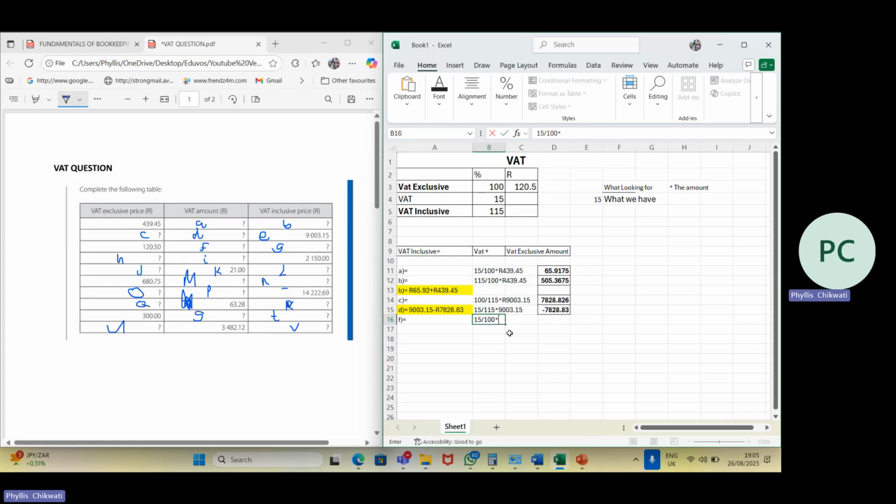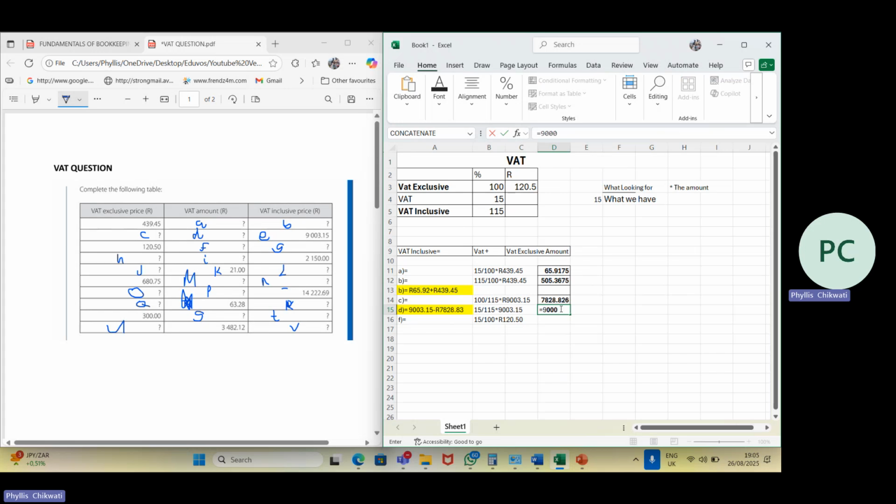Why am I saying that? Because I have my rand value is 120.50. Okay, so now I see what happened. My formula just went away because I used the formula, remember?